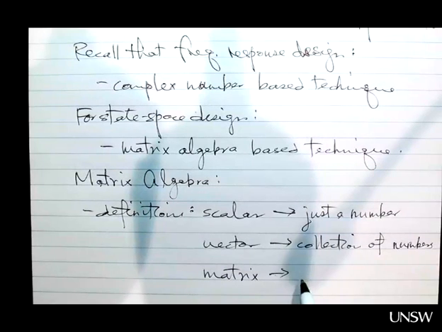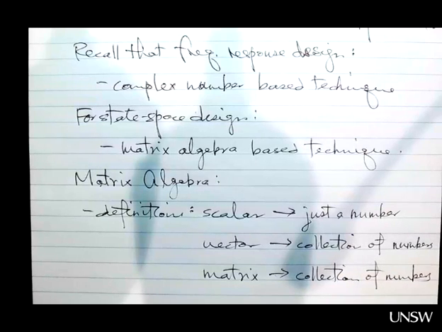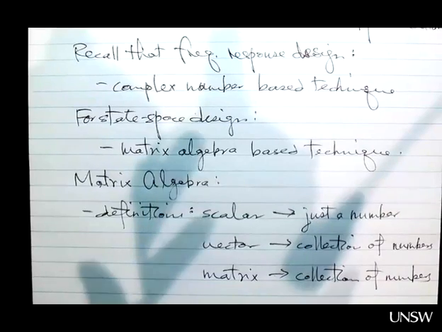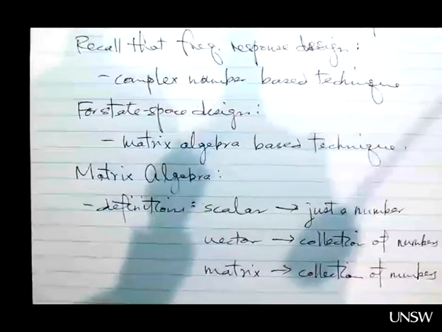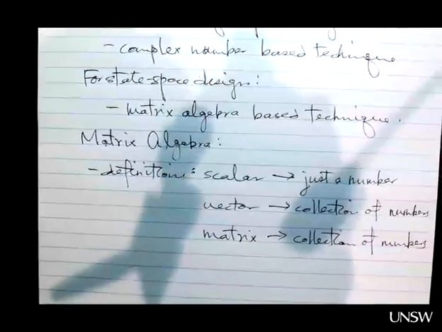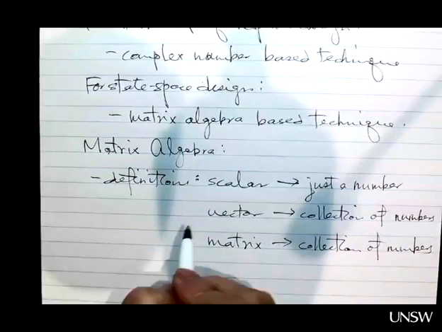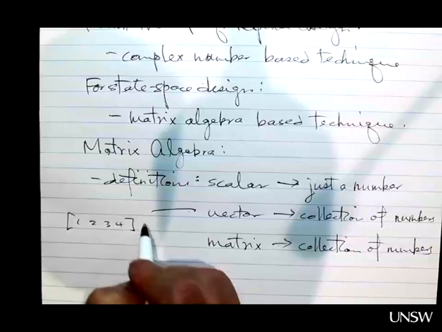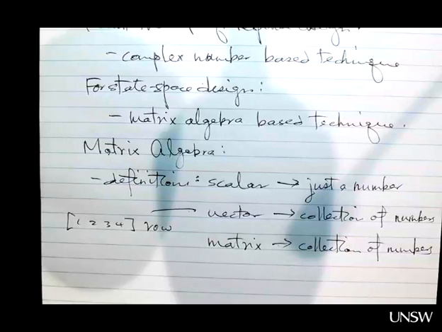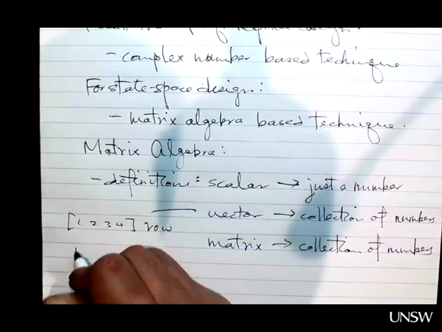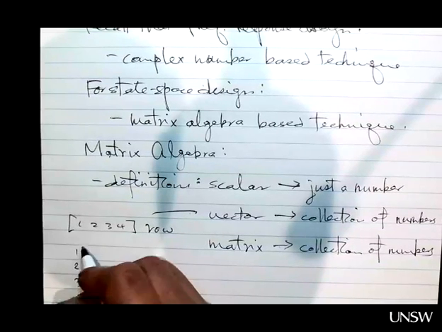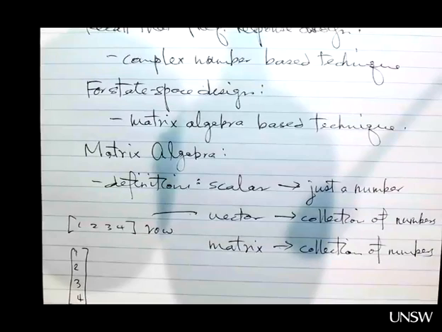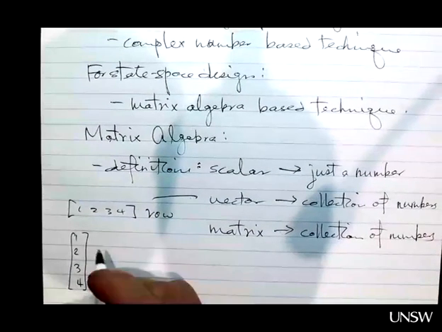And then the matrix is also a collection of numbers. And then the difference between vector and matrix is that the collection of numbers can be 1, 2, 3, 4. So we call it a row. Right? We can also have it 1, 2, 3, 4. So we call this a column.